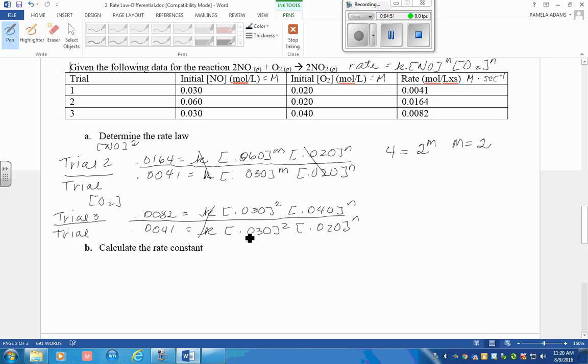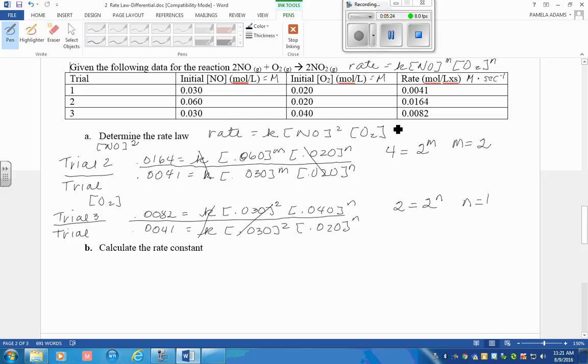This time these 2 terms drop out. 0.0082 divided by 0.0041 is 2, which is equal to 0.040 divided by 0.020, which is 2 raised to the nth power. n is equal to 1. So the rate law for this is the rate is equal to the rate law constant times NO raised to the second power and O2 raised to the first power. Remember, we never write ones because we're lazy.